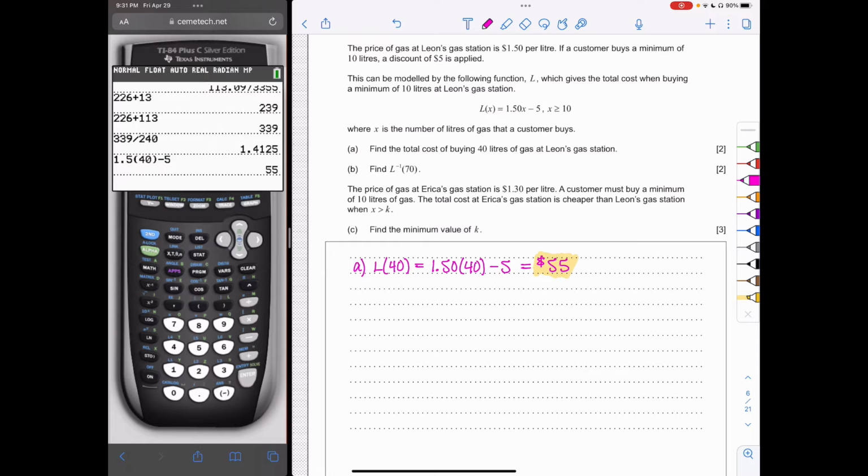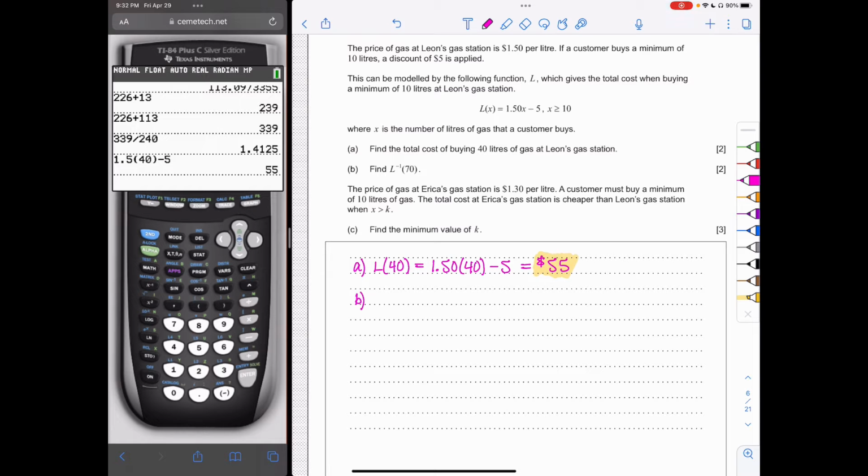All right, so let's look at part B. For part B, they want us to find the inverse of L of 70. So anytime you find the inverse, that just means you swap out your X and your Y values. What you could have done here is the traditional way.